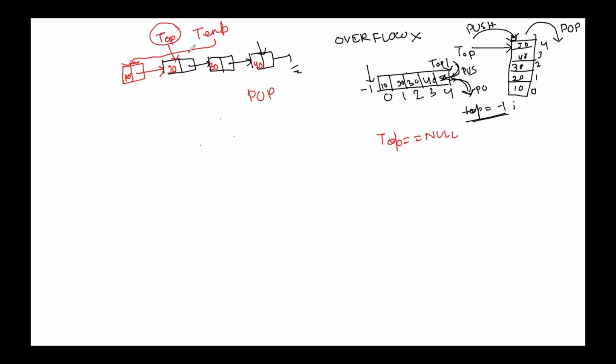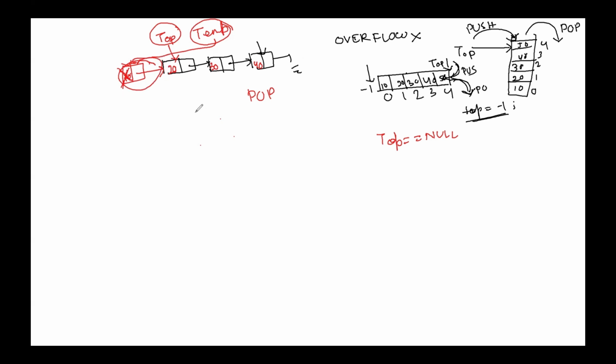Now top points to this one. After that we can remove the element, or we can write down a message that this element is going to be deleted. Then we release the memory of temp. This is the deletion. We free it with the help of the function free, and we delete this one.